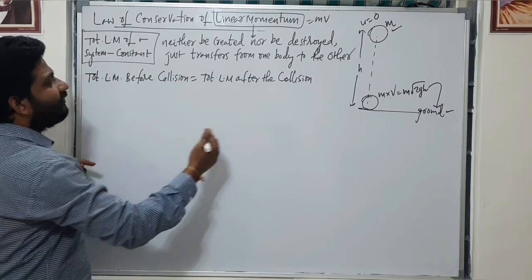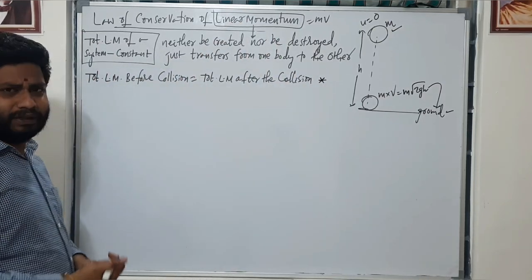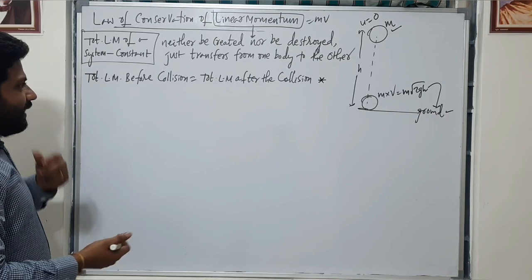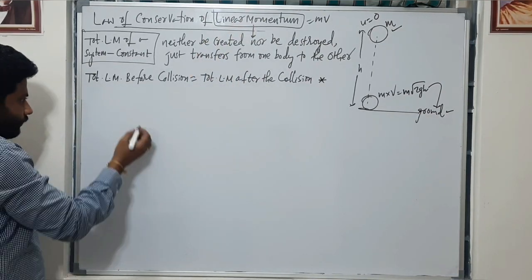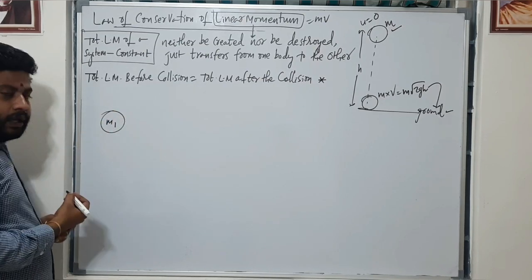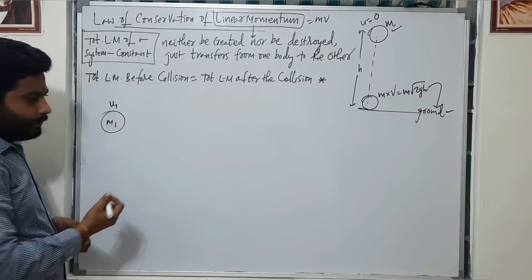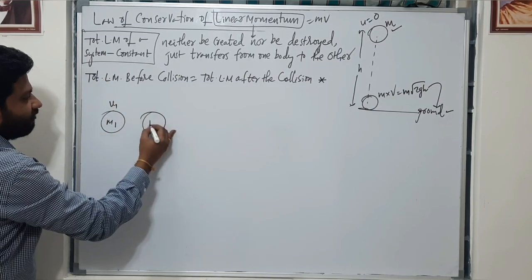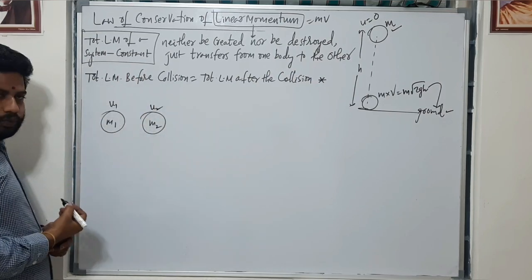Okay, let us justify this part. It's so simple to justify. Imagine I have two bodies. This is the first body of mass m1. Initially, this body is moving with a velocity u1. So I have another body of mass m2 and its initial velocity is u2.